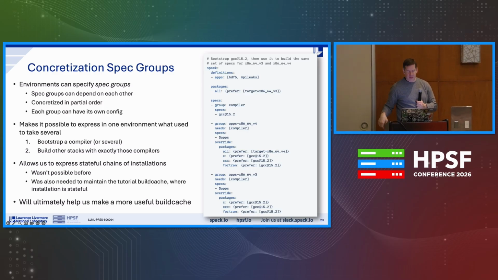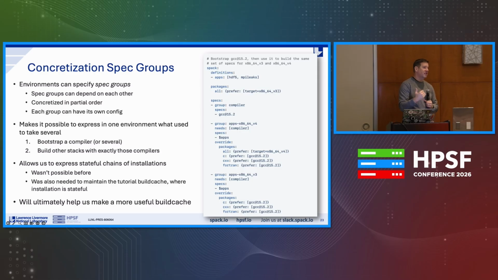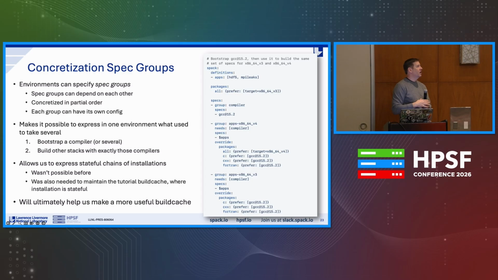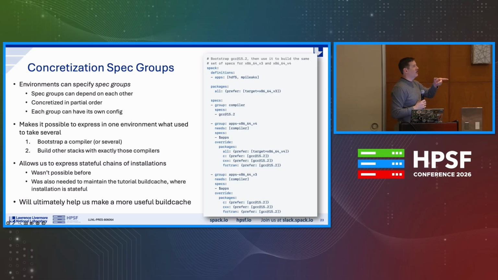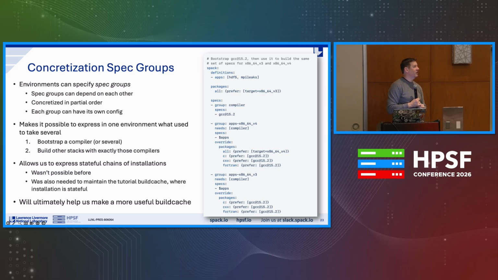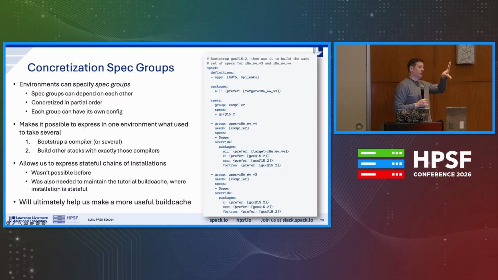And it's really supposed to model what a user would do on the command line if they type a bunch of commands in order, and that's stateful. And we didn't have a way to express that in environments, and we started hitting the limitations of that in CI, where it was just getting to be more of a pain to reproduce exactly what was in the tutorial image. So what this feature does is it lets you specify a partial order of builds in your config.